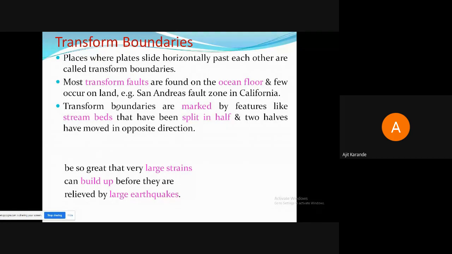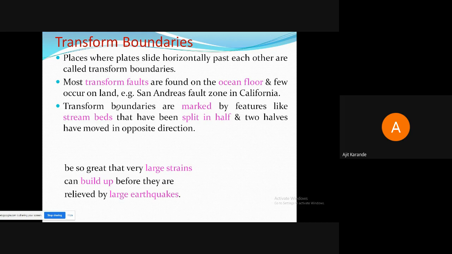Now why is this particular case called the transform boundaries? Because in this case, two successive plates slide in a horizontal plane, the places where plates slide horizontally past each other. And due to the sliding of these plates, the boundaries, the faulting zones of these two plates may transform.